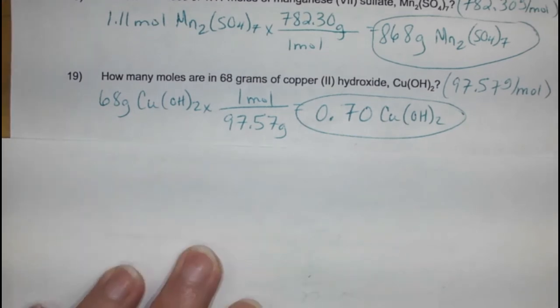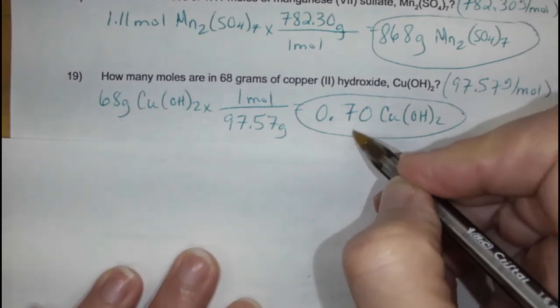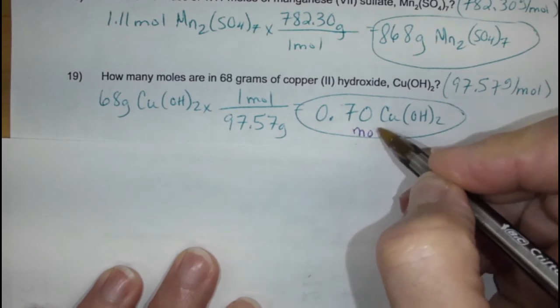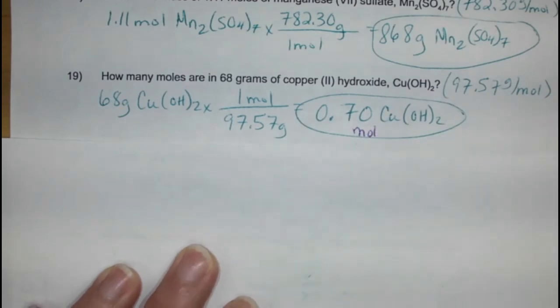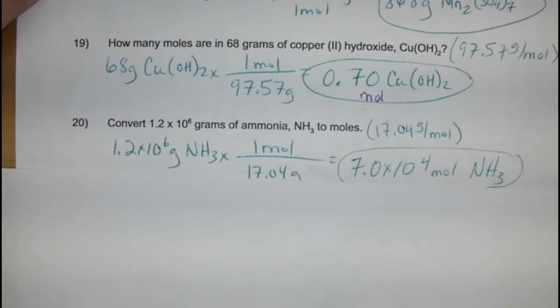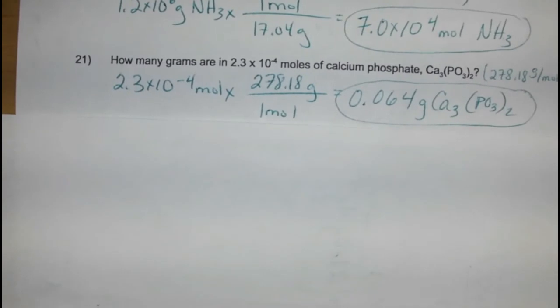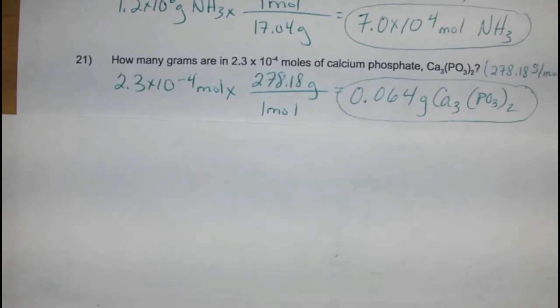19, 0.70 moles. Looks like I forgot to write moles in there. Moles of copper 2 hydroxide. Number 20, 7.0 times 10 to the 4th moles of ammonia. 21, 0.064 grams of calcium phos... Ooh, that's wrong.